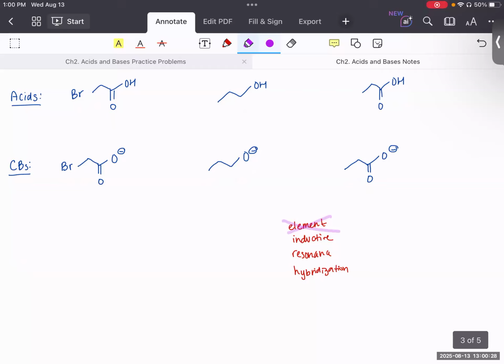We do care about the inductive effect because we have this bromine in one of them. Bromine, since it's electronegative, can pull electron density away and help stabilize it. So through the inductive effect, this would stabilize the negative charge.